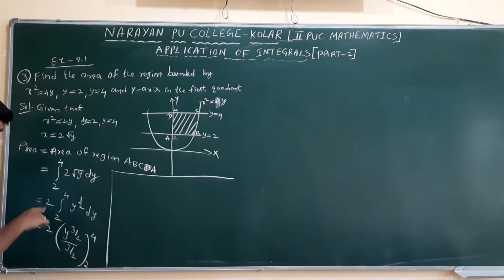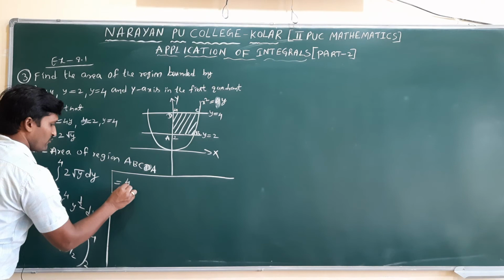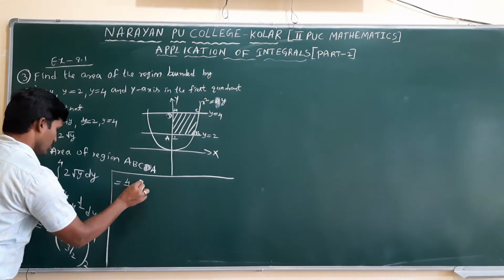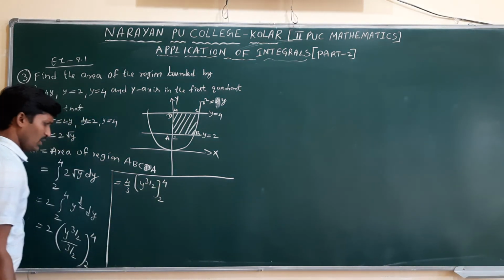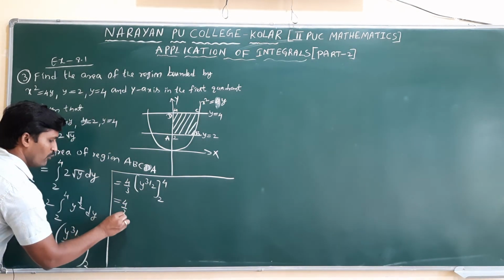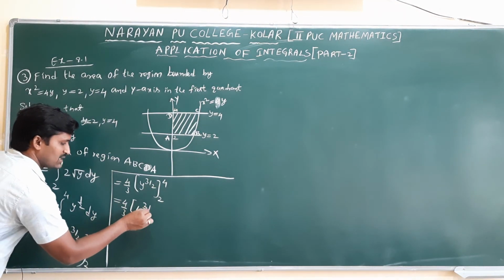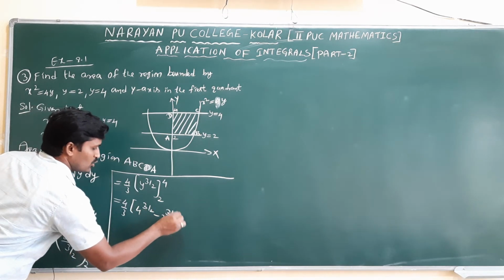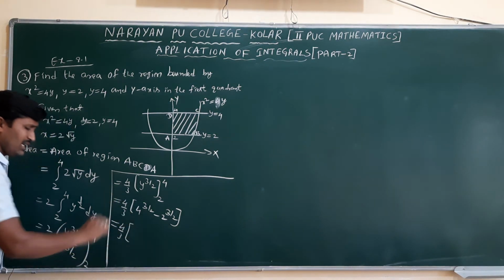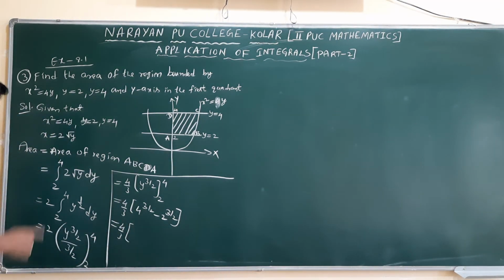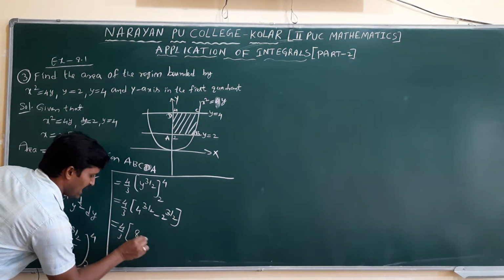This will be reversed, 2 by 3. 2 into 2 by 3 is 4 by 3 into y power 3 by 2 from 2 to 4. 4 by 3 into 4 power 3 by 2 minus 2 power 3 by 2. Directly I am writing 4, you can write 2 square, 2 gets cancelled, 2 cube means 8.